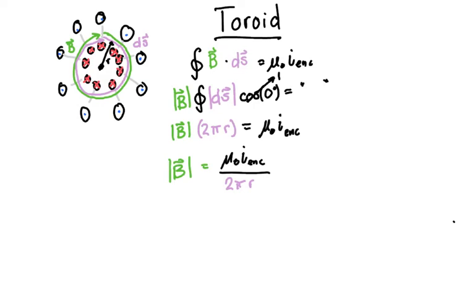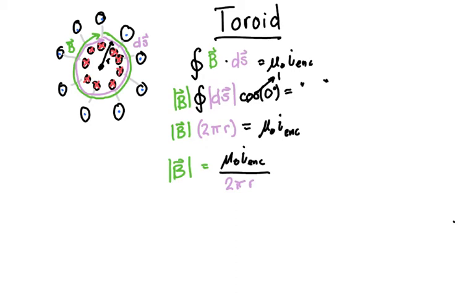Now, the current enclosed only looks at the current in my loop. Well, how much current do I have in my loop? That depends on how many loops I have. Here I have 1, 2, 3, 4, 5, 6, 7, 8, 9 loops. So each of those loops is carrying the same current.